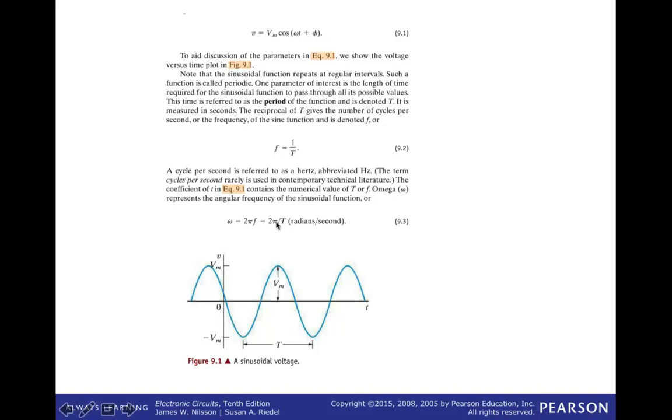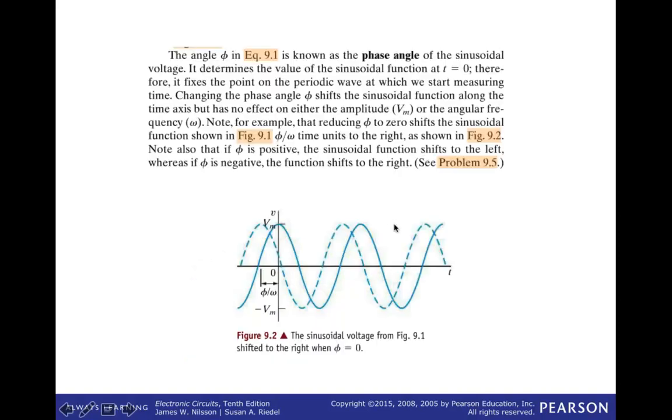The period is related to omega, which is also related to f, the frequency in hertz, through equation 9.3. And also 1 over the period is equal to the frequency in hertz. So there are relationships between frequency in radians per second, frequency in hertz, and the period given from expression 9.3.